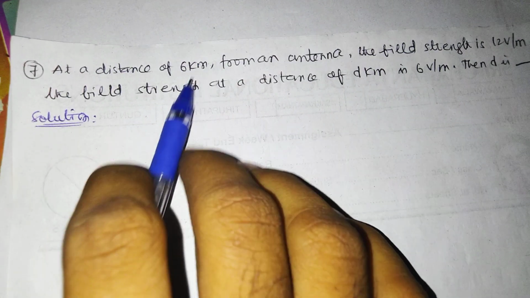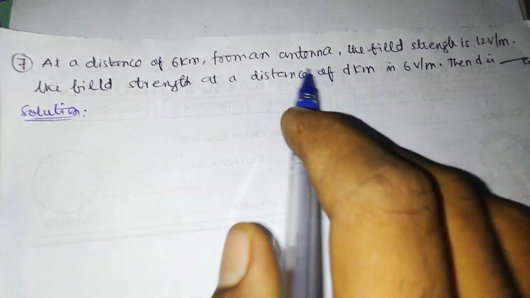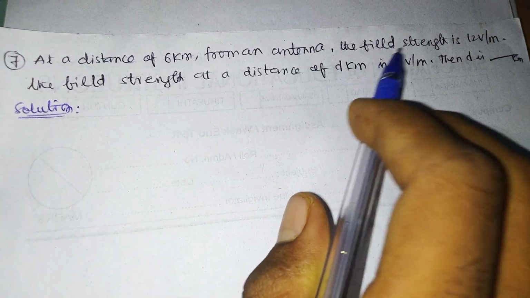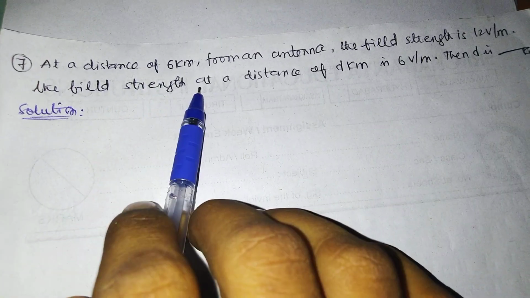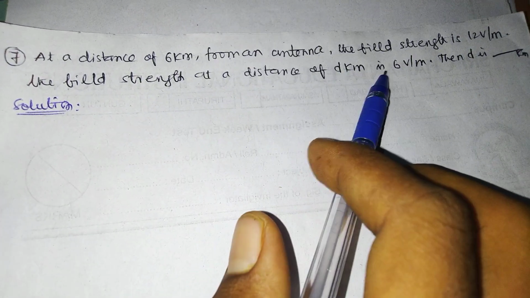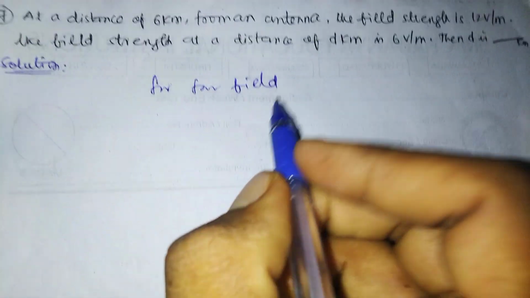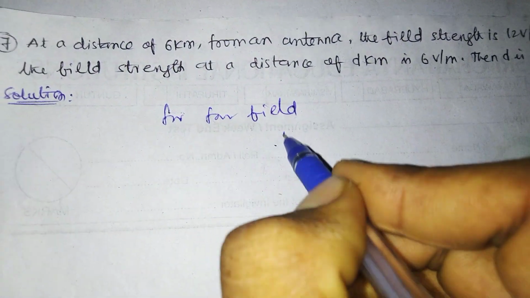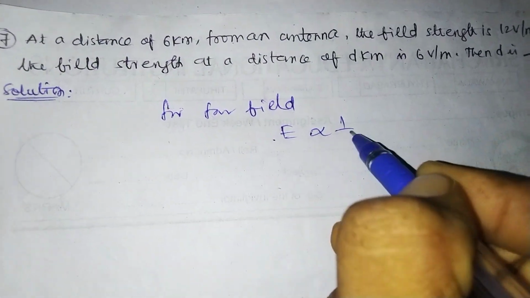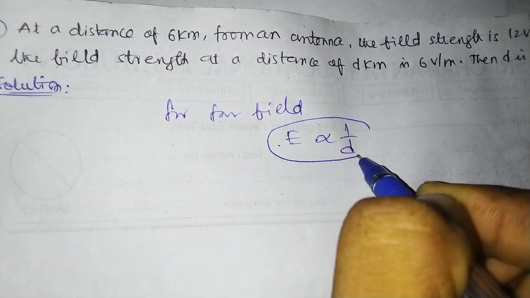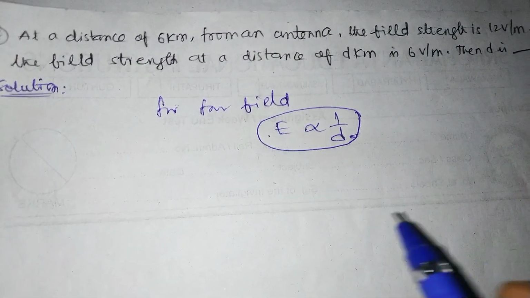So this is another question. At a distance of 6 km from an antenna, the field strength is 12 volts per meter. If the field strength at a distance of d kilometers is 6 volts per meter, then d is? So we already know that for the far field, E is inversely proportional to D. Field strength is inversely proportional to distance.